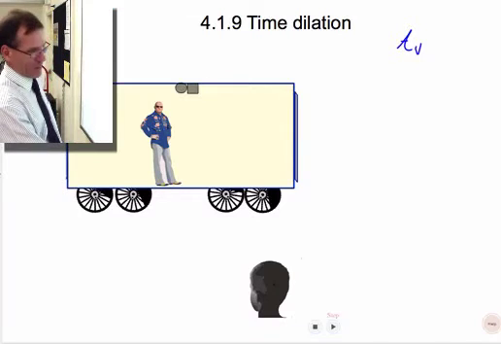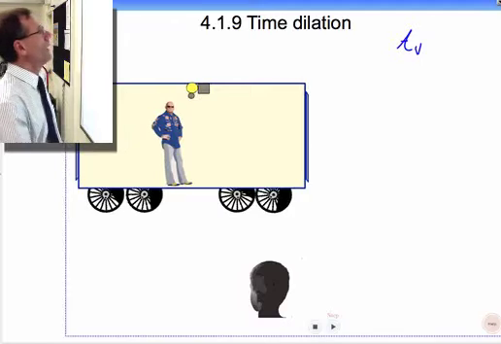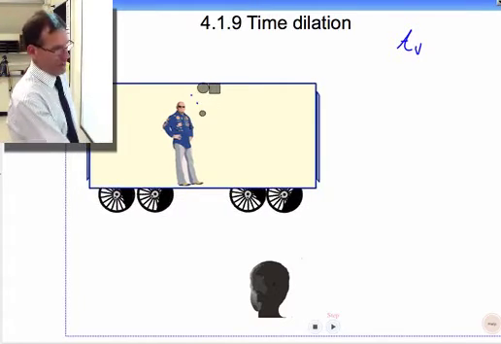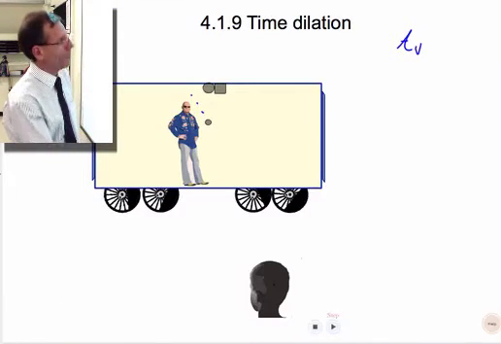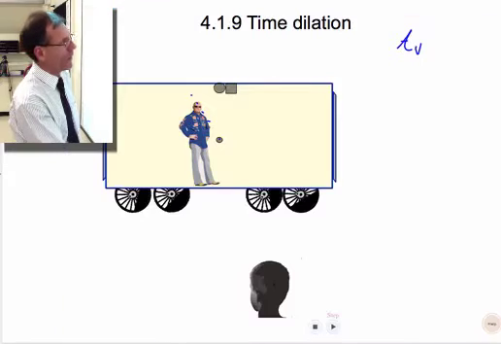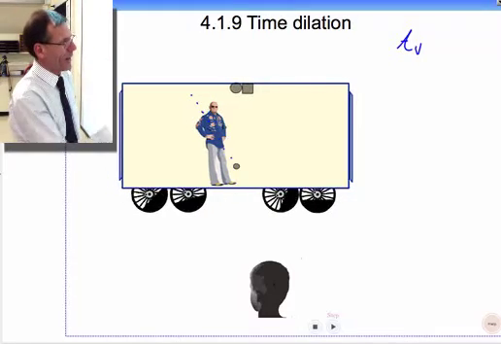Okay, so let's step ourselves through this. Our light pulse comes on, and we're just going to make a little mark every sort of frame that we're going to move this on so that we can trace the path of the light ray as it goes down, hits the mirror, and goes back up again.